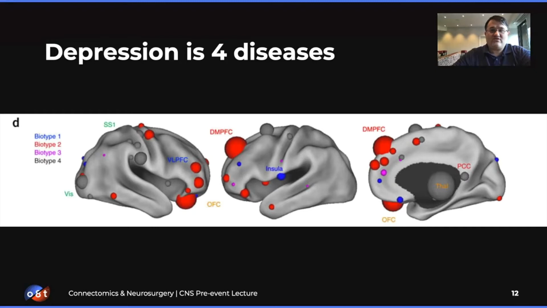But more importantly, this has important implications. So in this paper in Nature Medicine, this group demonstrated that using functional connectivity, you could divide depression into at least 4 different diseases that had different symptoms and different responses to treatment, suggesting these are different biologies.